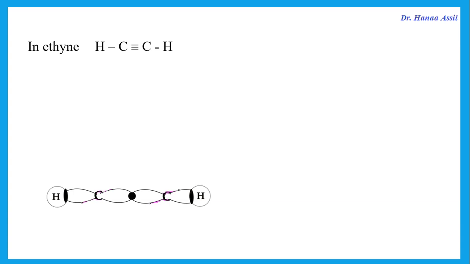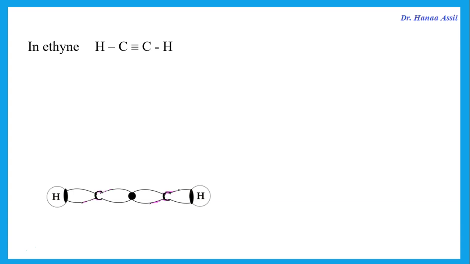Okay, what about ethyne? Ethyne is a molecule in which there is a triple bond between the 2 carbons. And we already know that a triple bond means 1 sigma and 2 pi bonds. So the carbon needs to make a sigma bond with the hydrogen and a sigma bond with the neighboring carbon, and then it should have 2 more electrons to make 2 pi bonds with the neighboring carbon.